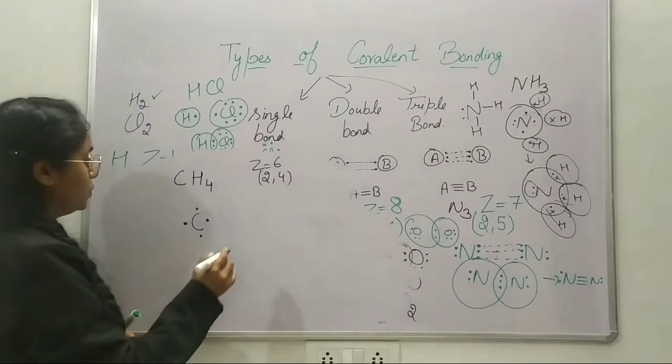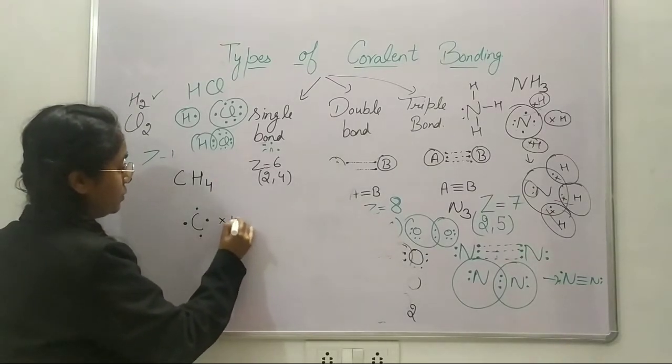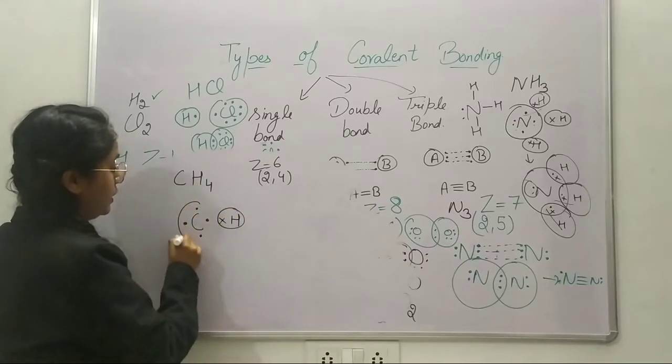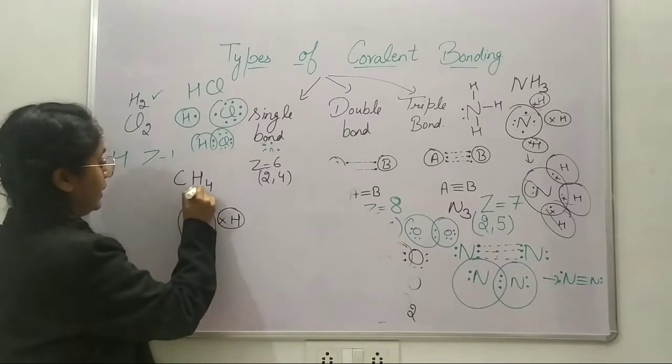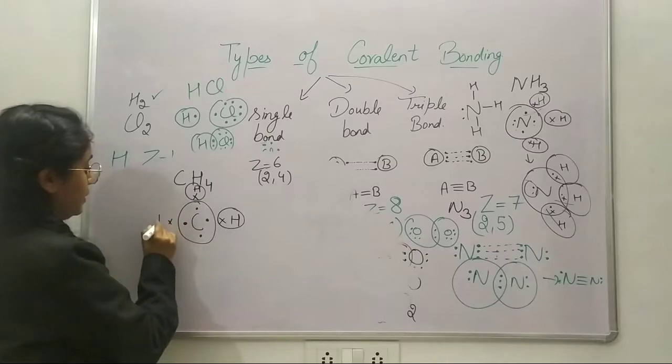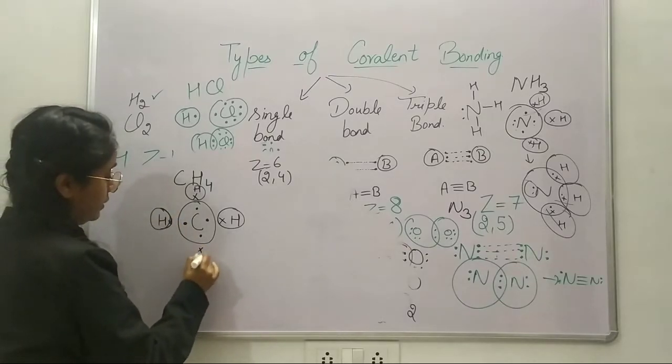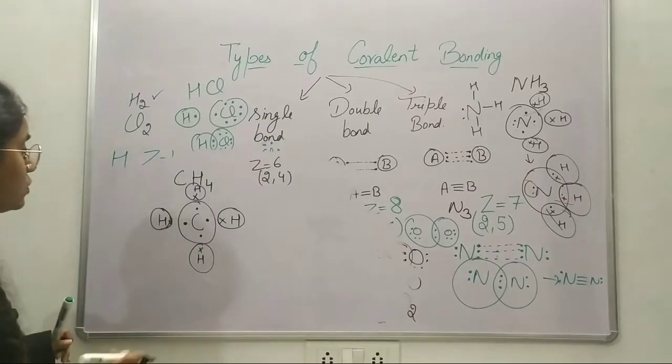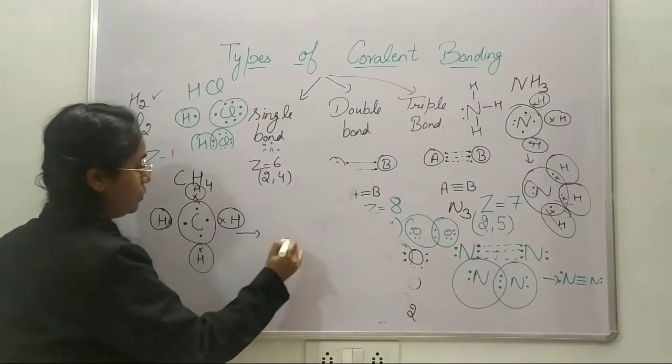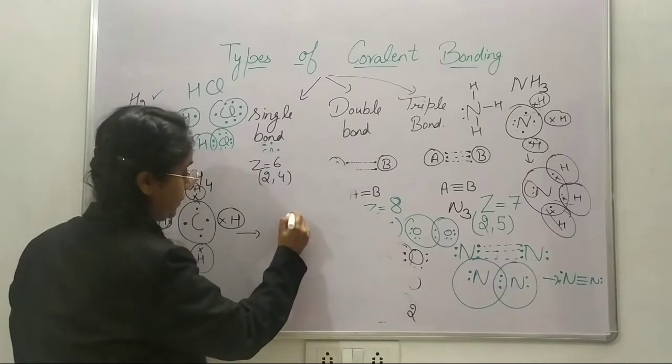So what carbon will do? Carbon would share 1 electron with all the hydrogens, as you can see here, okay, like this. So when the bond forms, it would look like this.